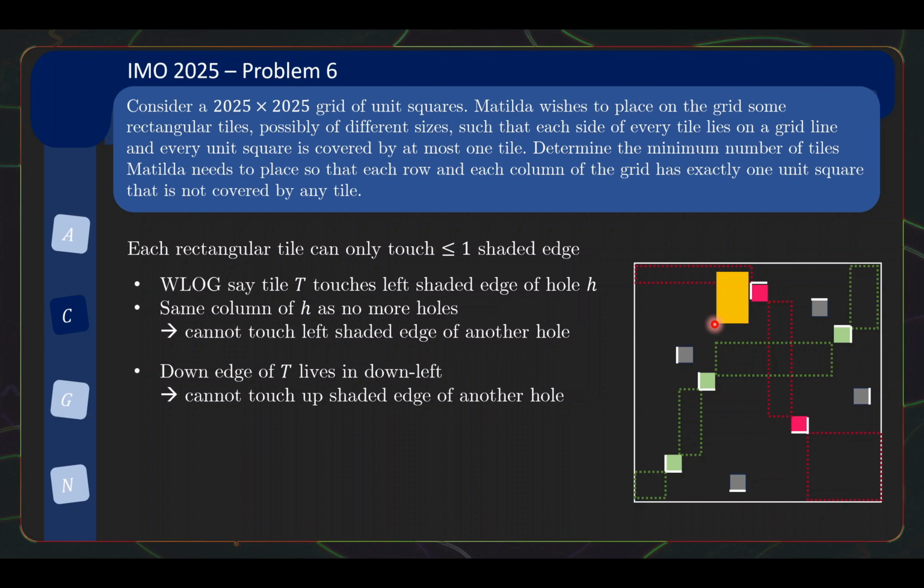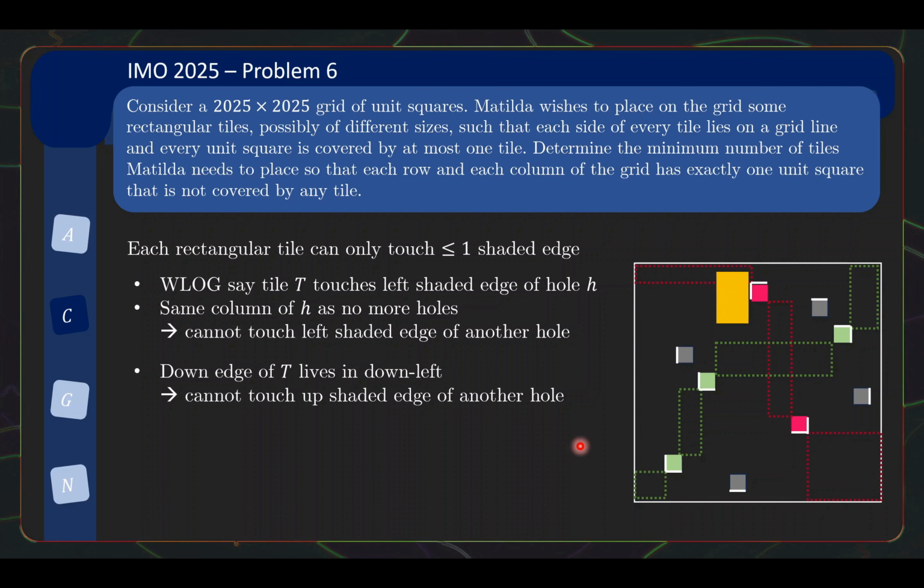Well, the down edge of T must lead to the down left of hole H. And since hole H leads to the down left of the red path, it must be the case then that the down edge of T lives in the down left region relative to the LDS.